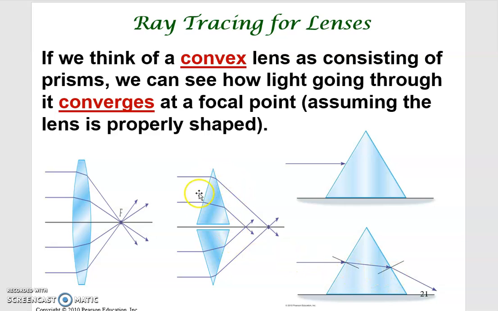Therefore, for the upper one, no matter where the light is from, as long as it follows the parallel direction, the light will definitely all be bent downward. You can try to convince yourself: if you make the triangle upside down, like this, then all the light will be bent upward. That's the reason the double convex lens can converge the light.